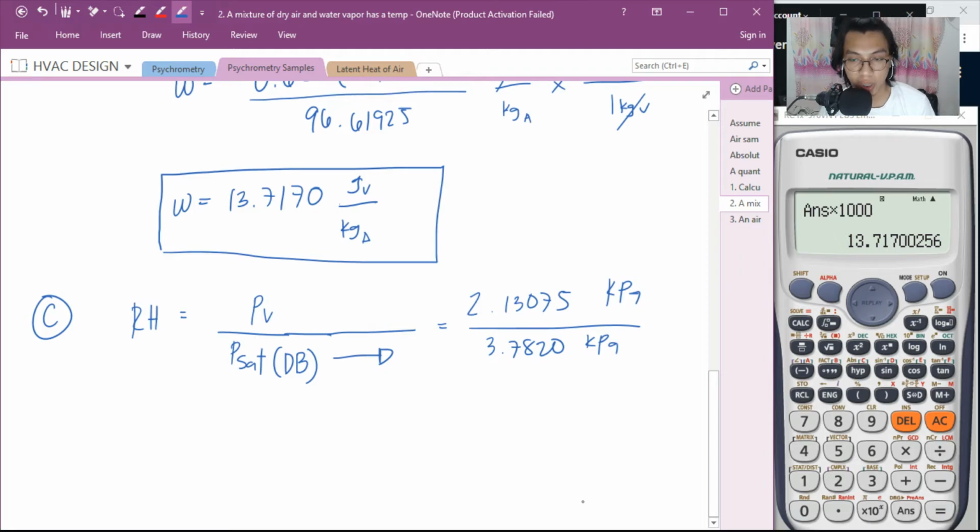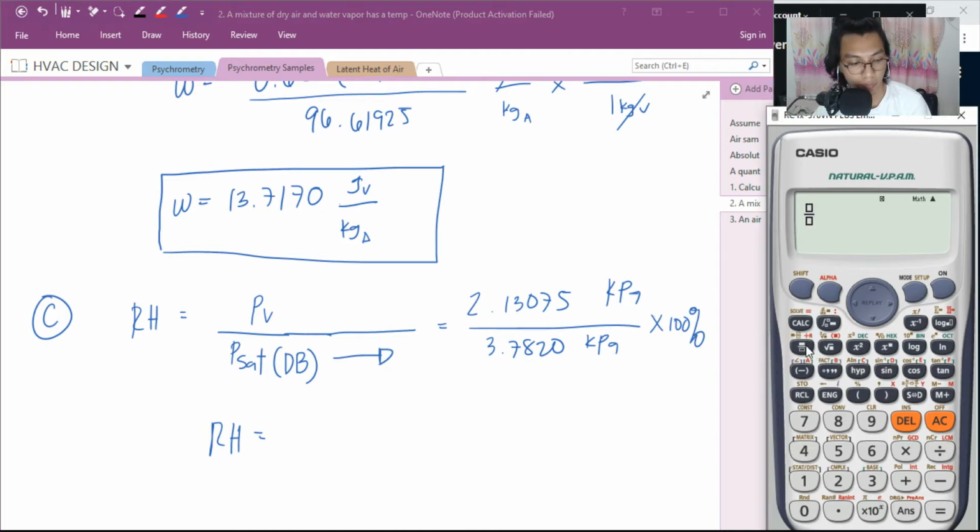So, what will be the value? You multiply it with 100%. RH now will be how many percents? So, 2.13075 divided by 3.7820. The answer is, multiply natin ng 100.